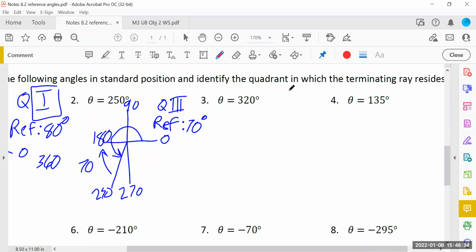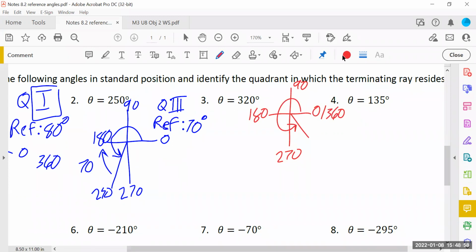So the next one, 320. Let's make this a little bit smaller. We're going 0, 90, 180, 270, 360. All right, we've gone almost all the way around the circle. We're at 320. Again, draw in your angle. You need to draw that arrow in. Then we need to figure out how to get to the x-axis.